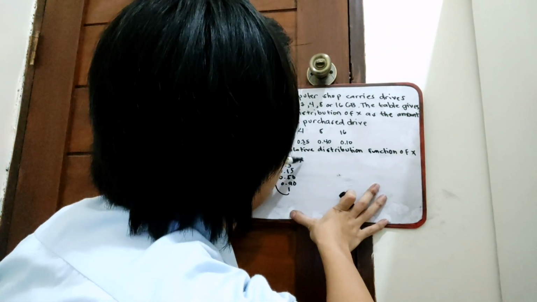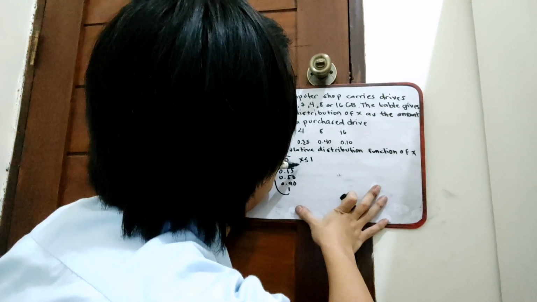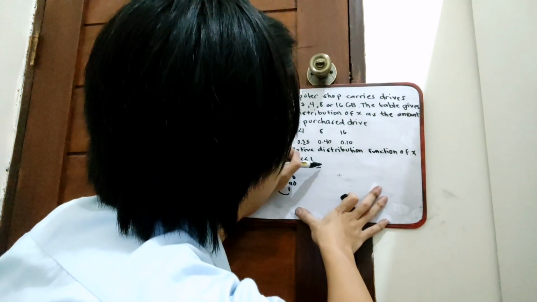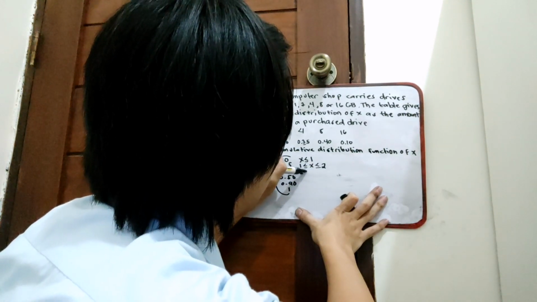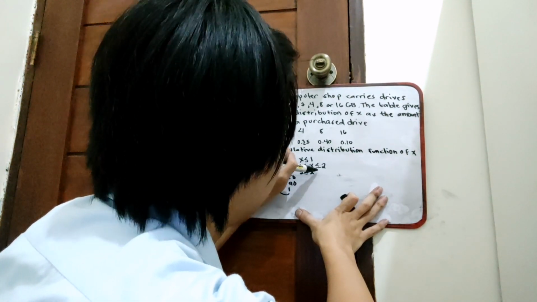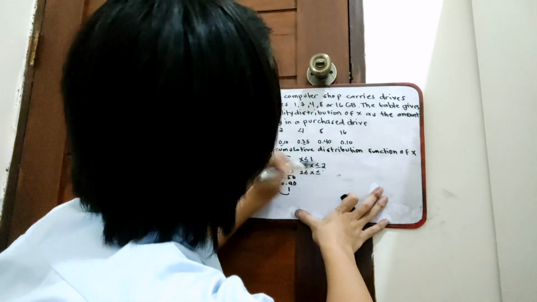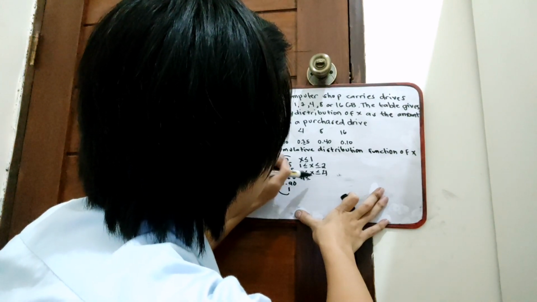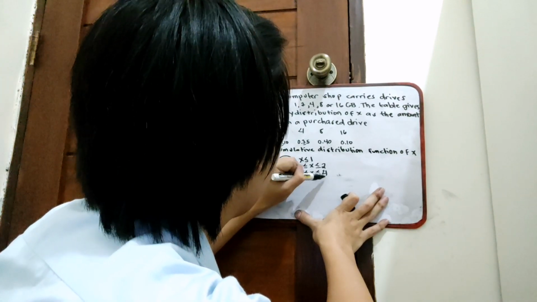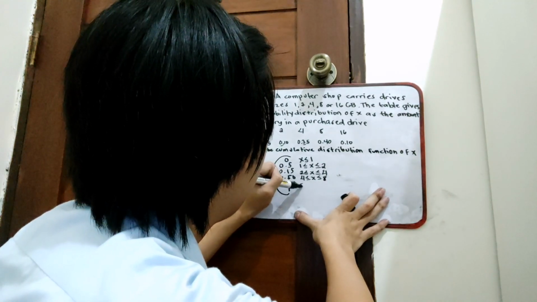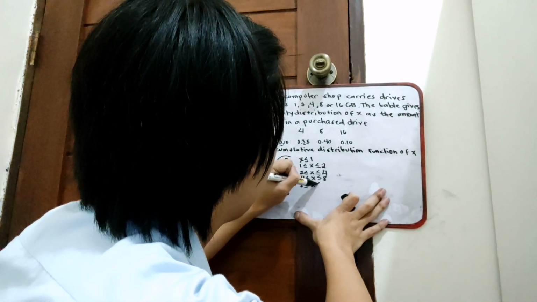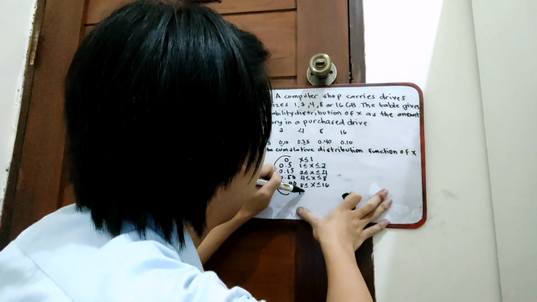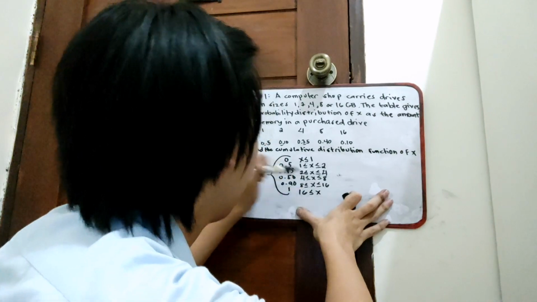And then X less than 1, 1 less than or equal to X less than 2, 2 less than or equal to X less than 4, 4 less than or equal to X less than 8, 8 less than or equal to X less than 16, and then 16 less than or equal to X.